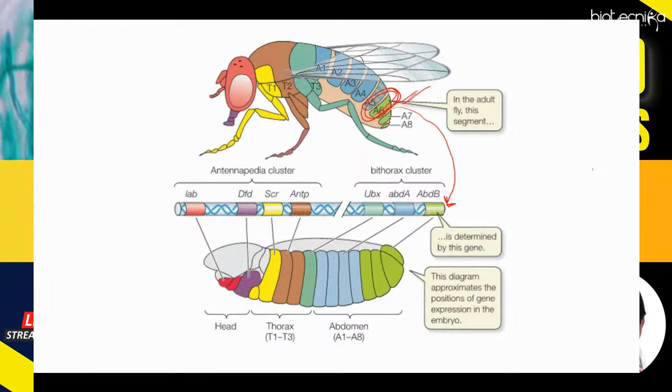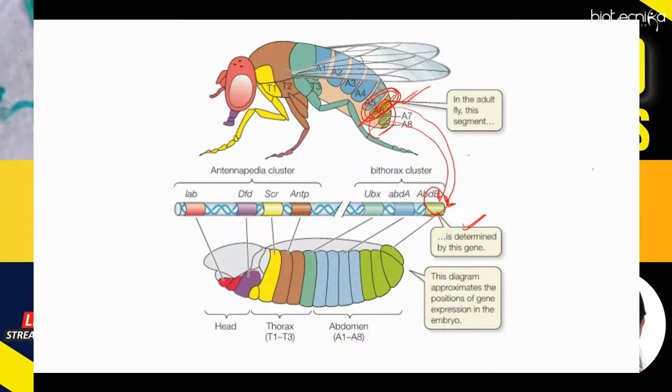But this A6 gene will not be expressed in all the cells. The gene will be there, but it will not be expressed. Only in this area, that is A6, A7 and A8, will these genes be activated.